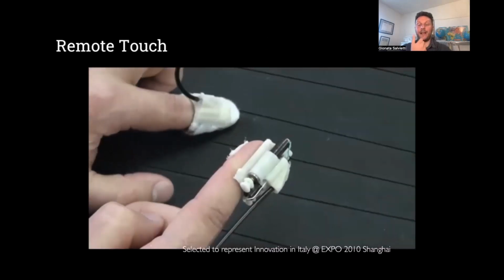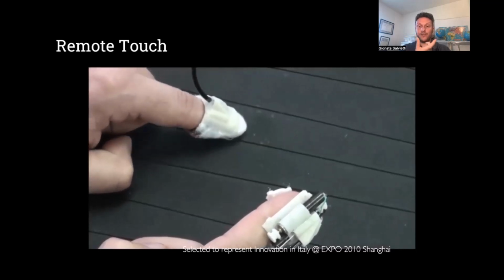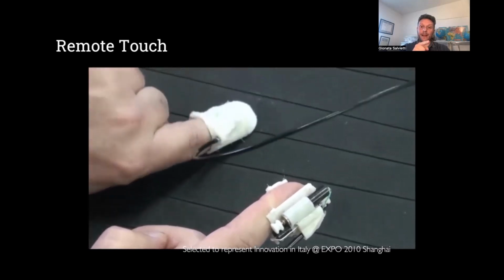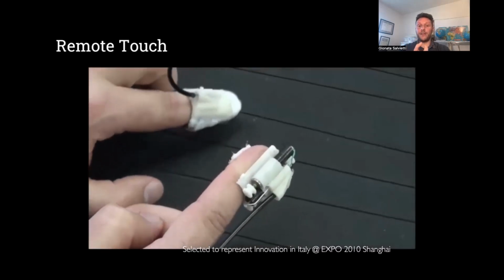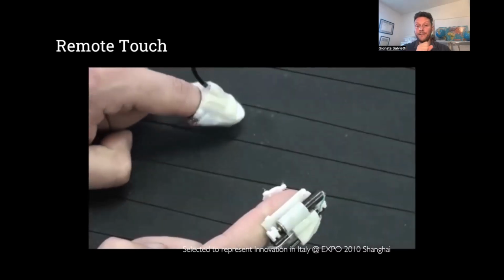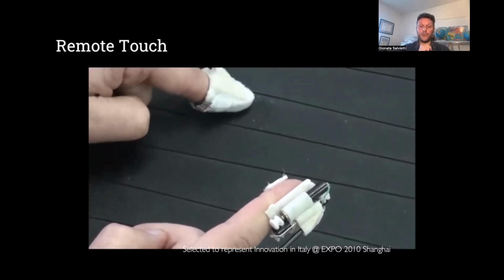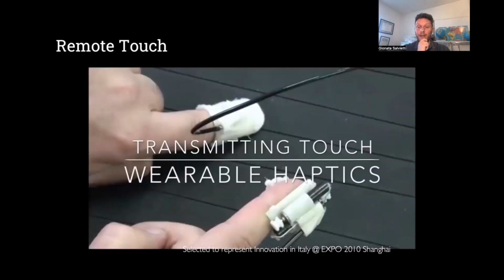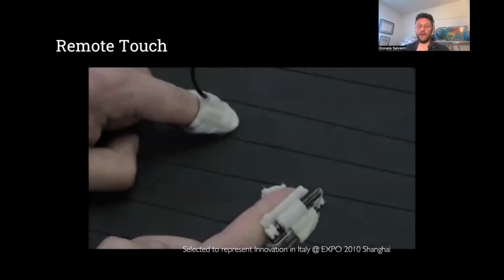What can we do with this? So what are the ideas? And you will see this in more detail in the next lessons, but just to give you an idea. If we have something that can measure the interaction with the environment, then we can transmit the sense of touch. So here you see that there is a device that acts as a microphone to register the interaction with the environment, and on a remote side, there is one of our wearable haptic devices that replicates the sensation of touch.